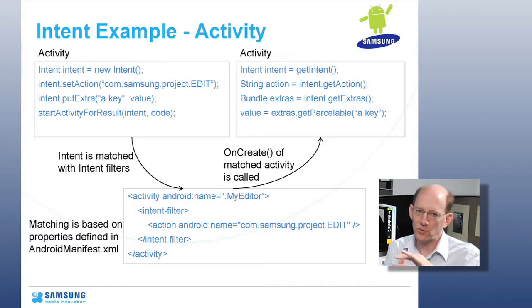It's going to go look through all of the manifest entries, pre-process these, pair them up, and then it's going to go ahead and funnel that intent to an activity or a service or whatever it is that's going to be able to handle it. Okay. And then we see here the code that actually peels apart the intent on the other side, and it's quite straightforward.